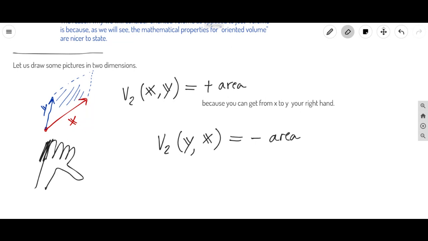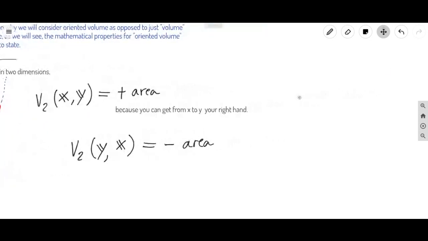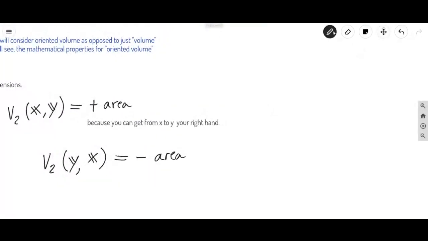And the same kind of picture also works when you're in 3 dimensions. So let me draw a picture for you in 3 dimensions, and we'll see what we get. So let's suppose we have 3 vectors here. Let's make these up. This is going to be x. Let's make up another vector, let's say vector y is pointing like this.